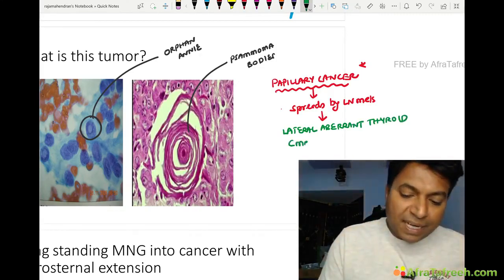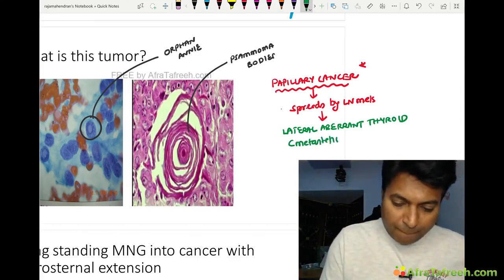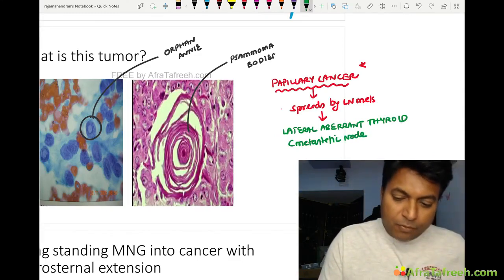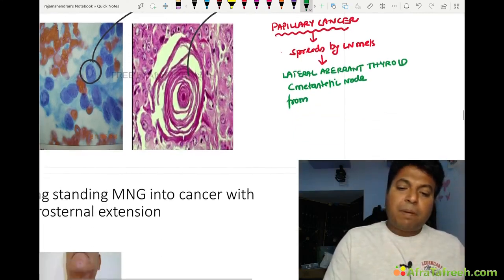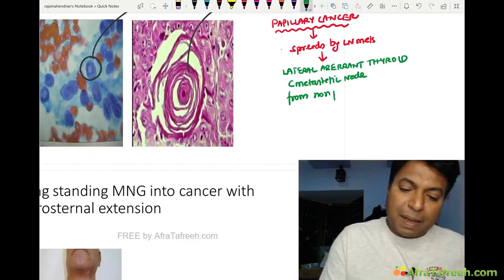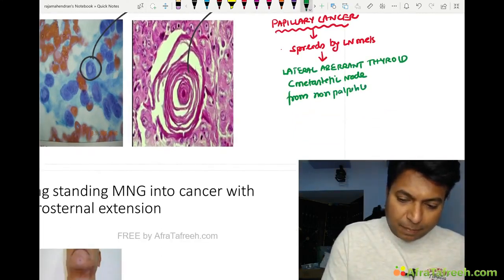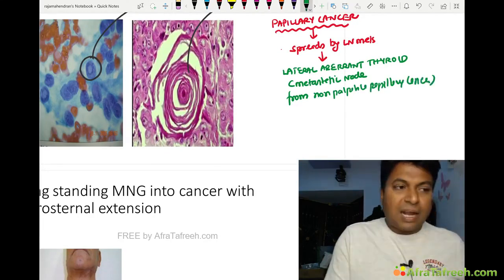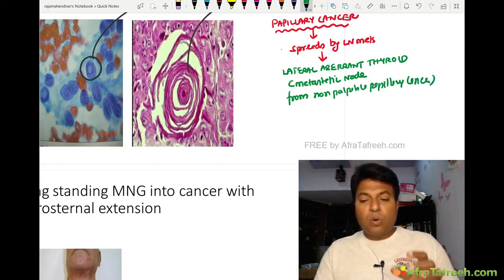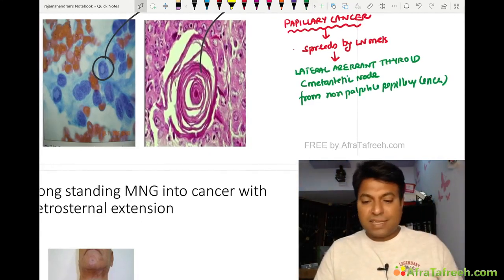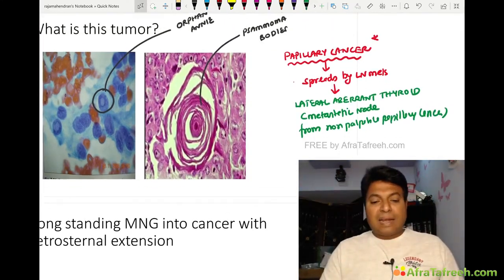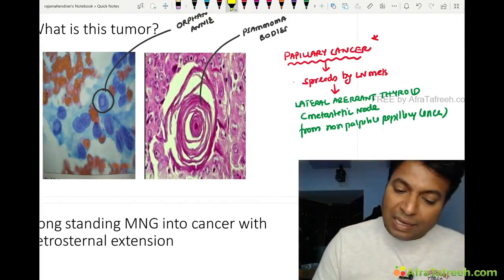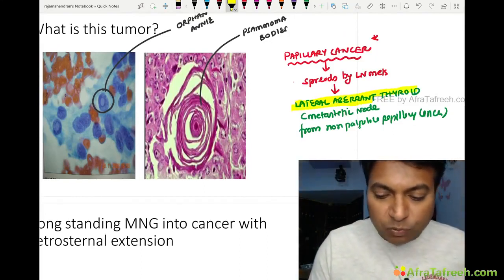It is a metastatic node from a non-palpable papillary cancer. So lateral aberrant thyroid is a high yield MCQ for your exams.